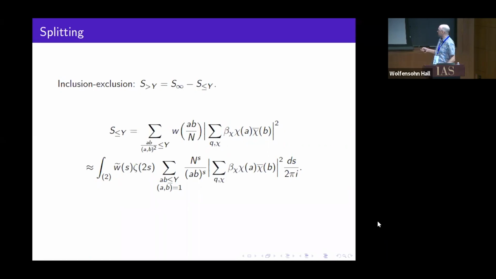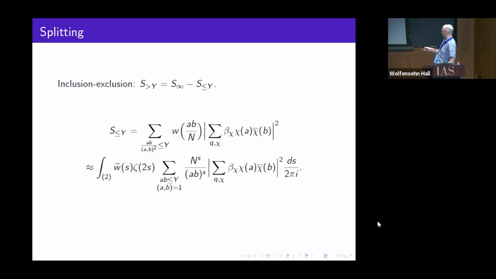So for the part where it's truncated at y, this is the easier piece. The idea here is you can factor out the GCD, like just substitute or multiply a and b by their GCD. That will cancel this here, and then the new a and b are relatively prime. And then the GCD variable is basically free, except you see it in here, but it basically does nothing here. There's a little coprimality condition that I want to ignore, but that basically forms a zeta function.